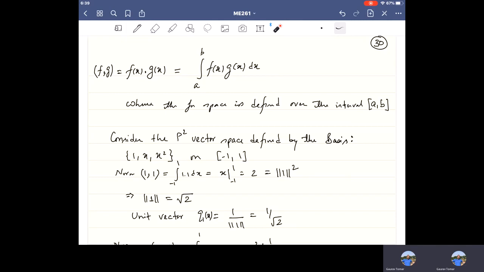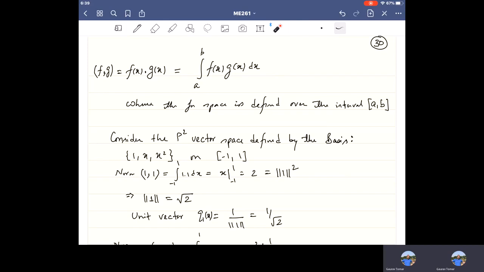The inner product space that we're defining is for functions that are defined over the interval a comma b. So they are not defined for any real values or any complex value that you might pick, but we have chosen an interval. And let's say we are looking at only real valued functions. They take in real values and then they give you real values back. So let's say they are defined over interval a comma b.